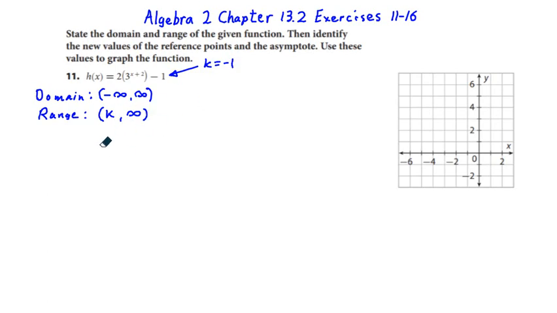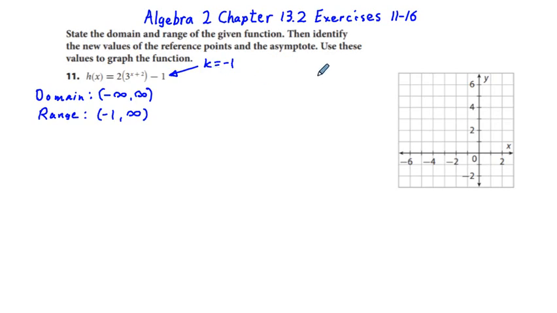So our range is going to be greater than -1 to less than infinity. And this also determines for us what our horizontal asymptote is.